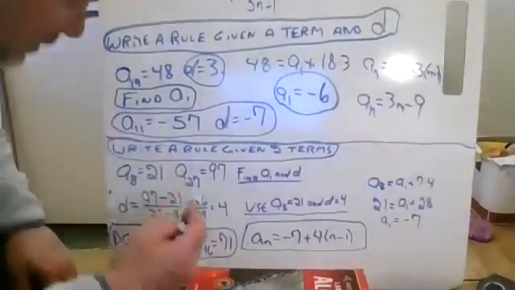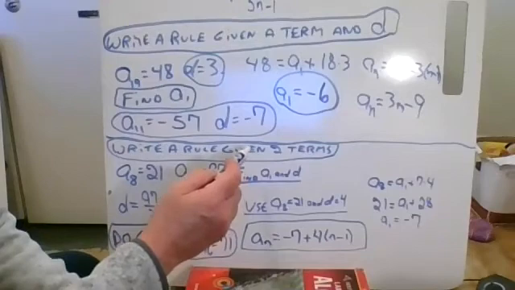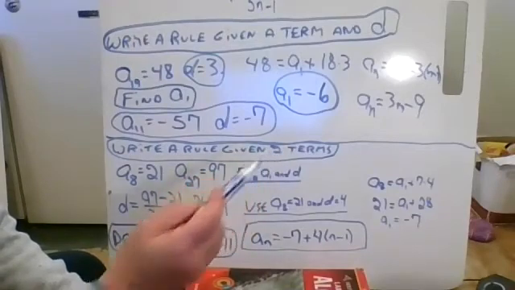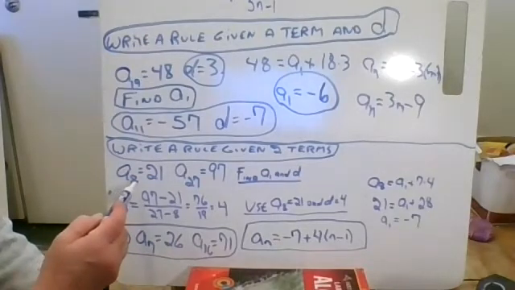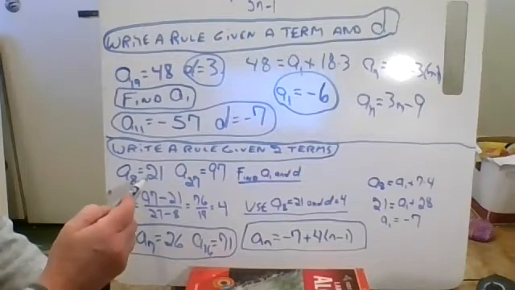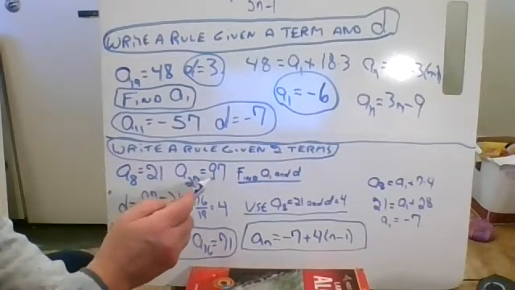Okay, now we want to write a rule given two terms. You're being given two terms. Here we're given a sub 8 is 21 and a sub 27 is 97.